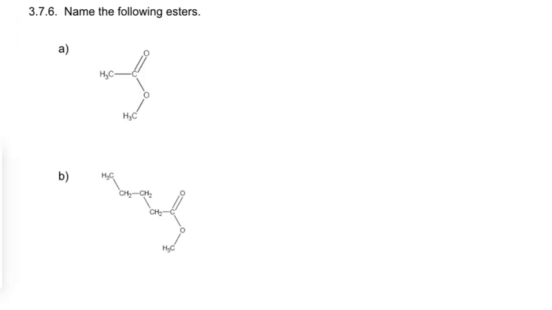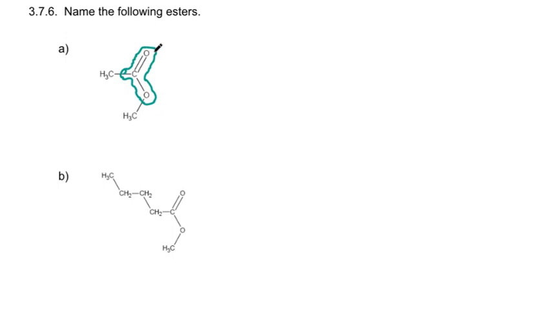Okay, so here are esters, and what identifies an ester is you'll see this COO structure, which we know is a carboxylate functional group, and there will be a carbon chain connected to one of the oxygens by a single bond, and there will be another carbon chain connected to the other oxygen by a double bond.